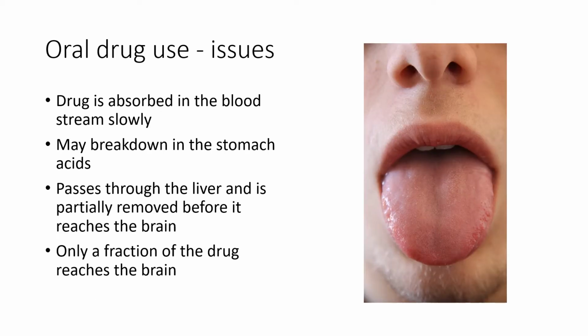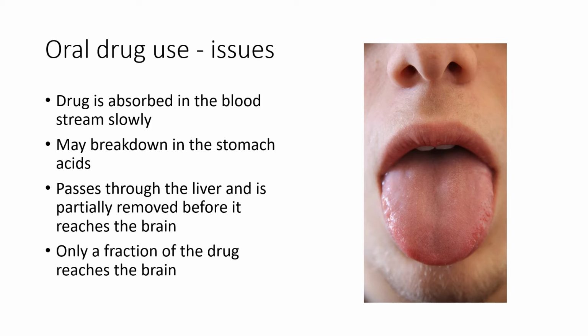Some issues with oral drug use. The drug is absorbed in the bloodstream slowly, and may break down in the stomach acids. Some drugs are almost completely broken down in the stomach. Since it passes through the liver and is partially removed before it reaches the brain, the brain receives a much lower dose.